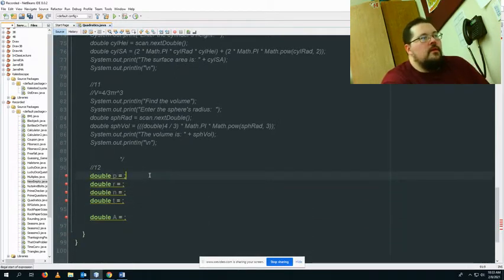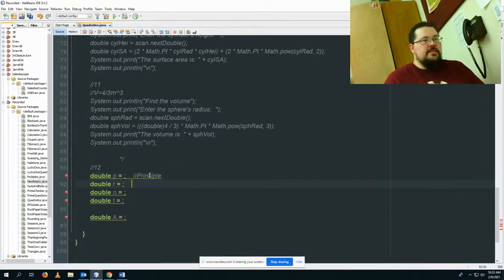Okay. So P, principal, which is basically the amount of value you start with, the rate, which is the interest rate, as a decimal.